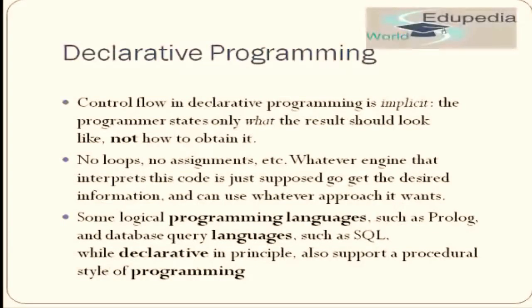So it does not contain any loops or assignments, etc. Whatever engine interprets this code is just supposed to get the desired information and can use whatever approach it wants. Some examples that use declarative programming are Prolog and database query languages such as SQL.